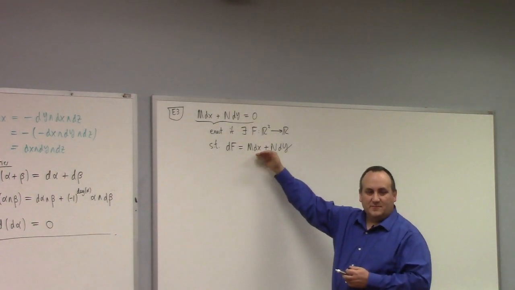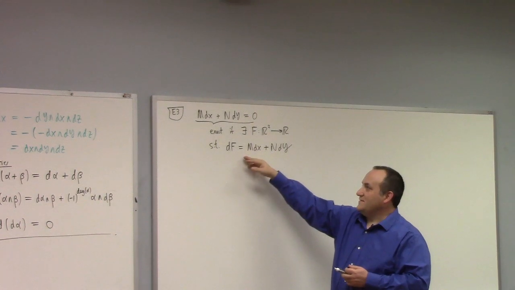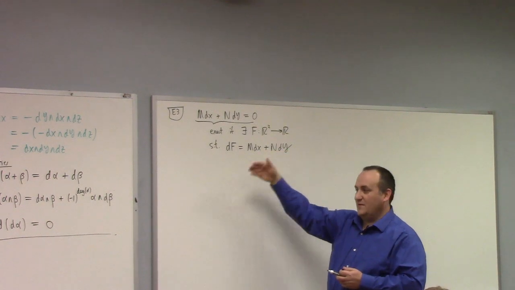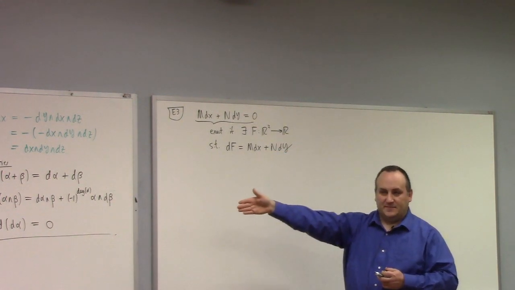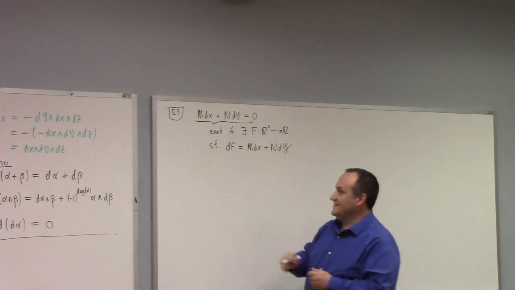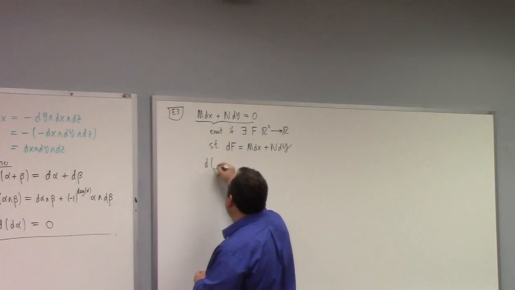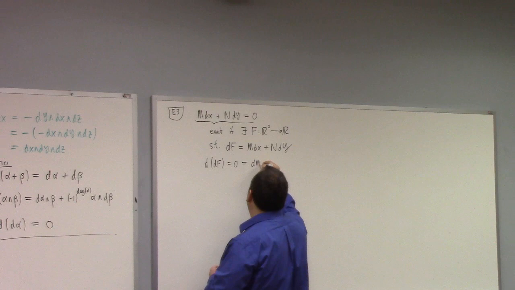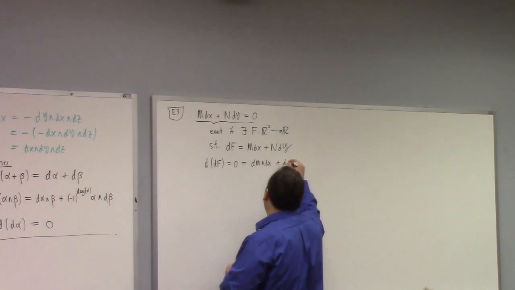what's the case if we take the exterior derivative of f then? If you believe my general identity, d of df has to be 0. But what else is it? It's also dM wedge dx plus dN wedge dy.